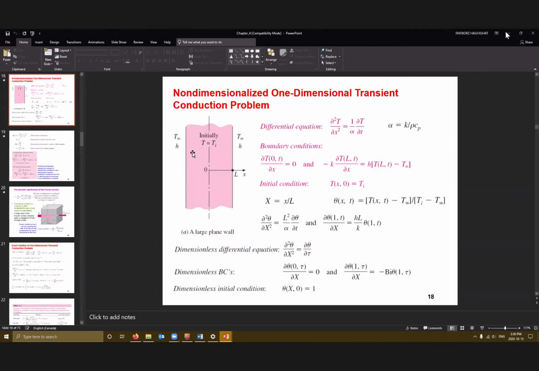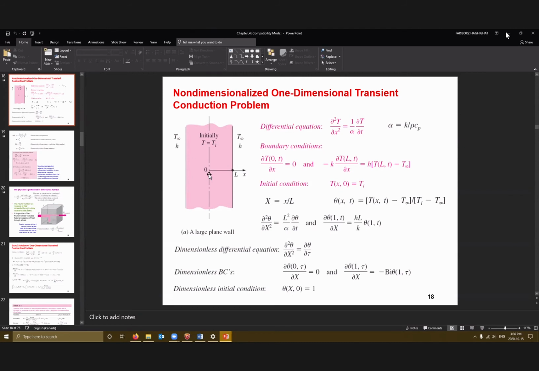We assume this is a symmetric system, x0, xL, x0, xL, and both sides are at the same condition. Therefore, at x equals 0, there is no heat transfer from this side to that side. We call this a symmetric plate. You agree? Yes, I agree.